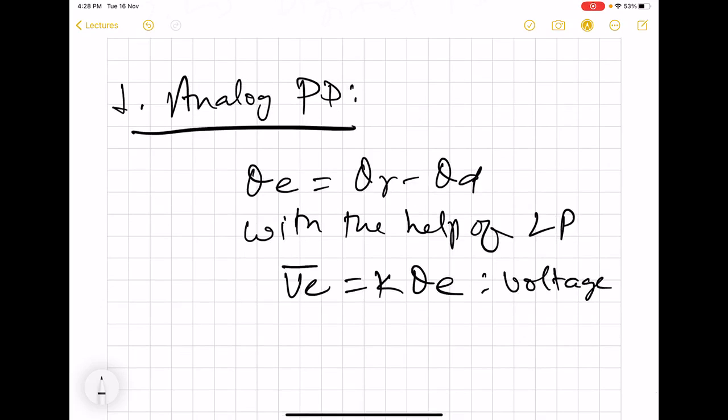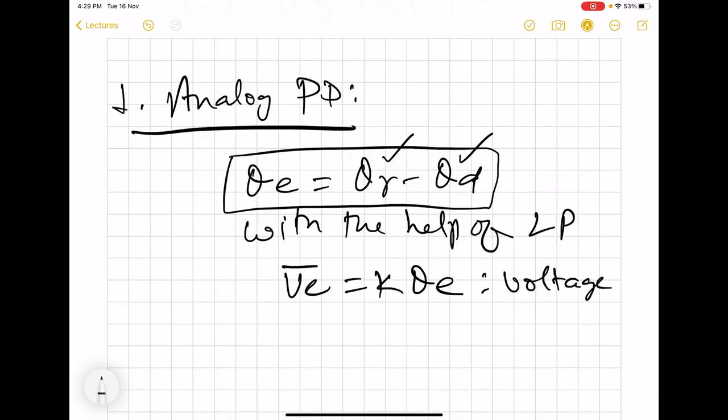So the phase detector must do certain mathematical operation on the two signals which are going to be in voltage form, and they can be sinusoid or square, such that this quantity comes into existence, difference of the phase error.